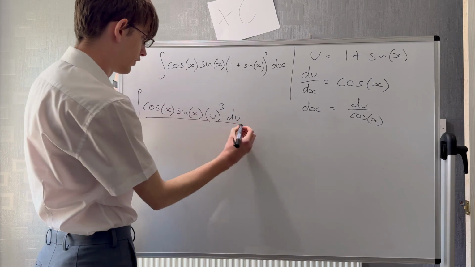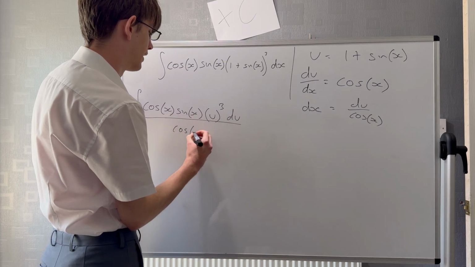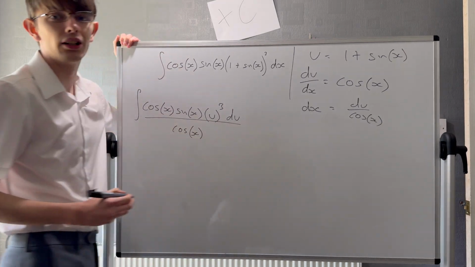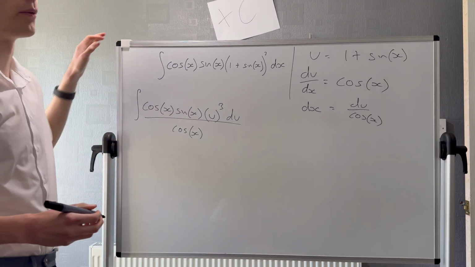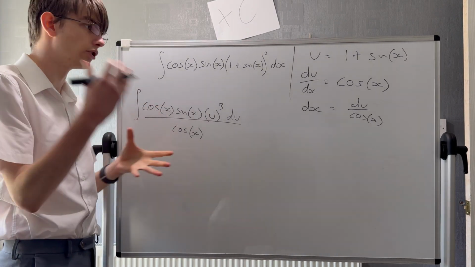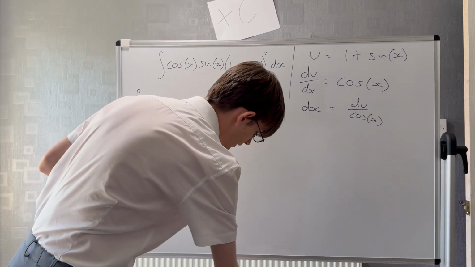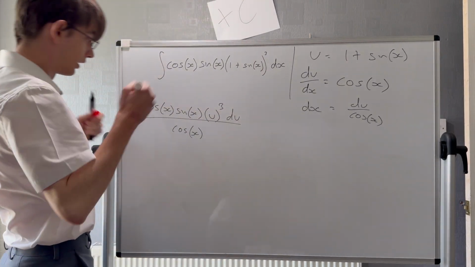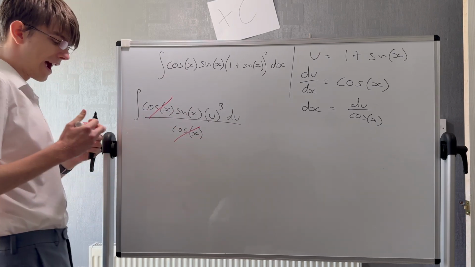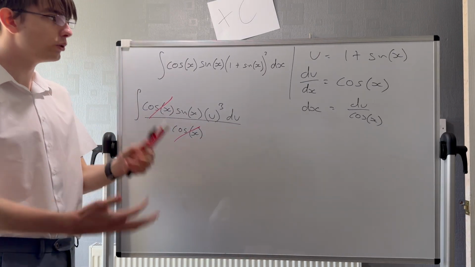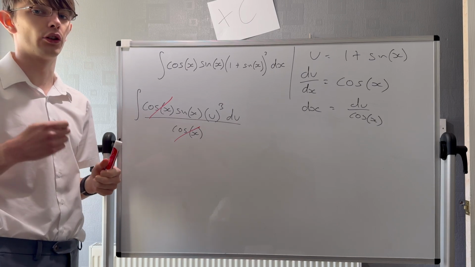So I'm going to throw the division on the entire thing. And this is where something quite nice happens. And this is something that you would expect to see when doing substitution, which is this annoying cos has now been cancelled. And this is where choosing what the substitution is very, very important.